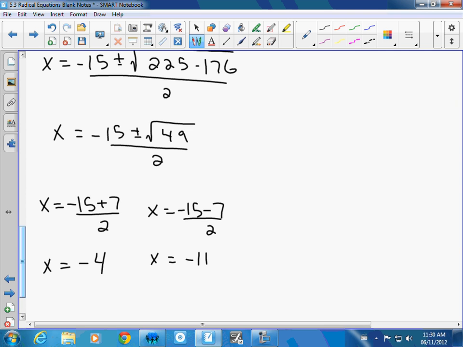Well, what do you get as answers? Did you get the square root of 49 underneath the radical symbol?